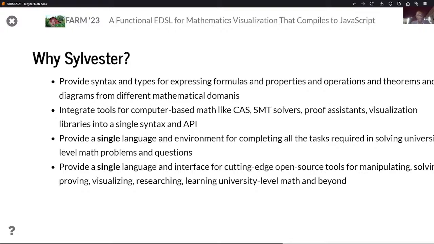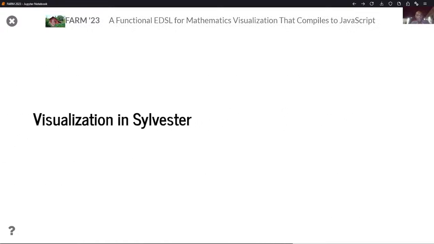So you can have a single language and a single environment like Jupyter notebooks, where if you're solving university level math problems, you can use a single language to do that. And of course, as the language develops, it can go beyond that, if you're doing research. That's the broad view of Sylvester: have a single language and a single interface for doing higher mathematics, and try to make computers and software really central to math practice and education today.